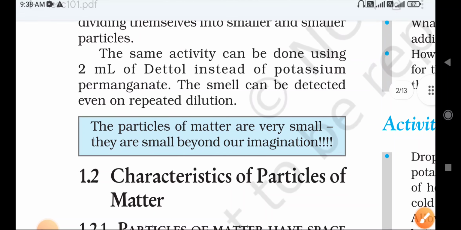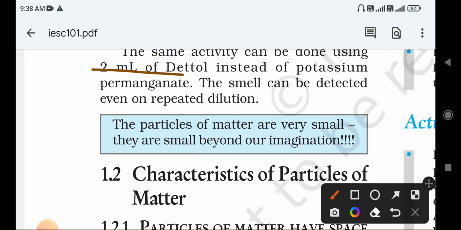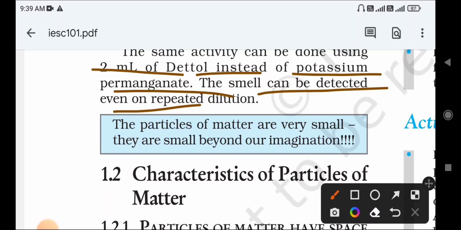The same activity can be done using 2 ml of Dettol instead of potassium permanganate. The smell can be detected even on repeated dilution. Not only potassium permanganate, other particles also give the smell, and they can divide further. For example, while cleaning hospitals, they take a full bucket of water.